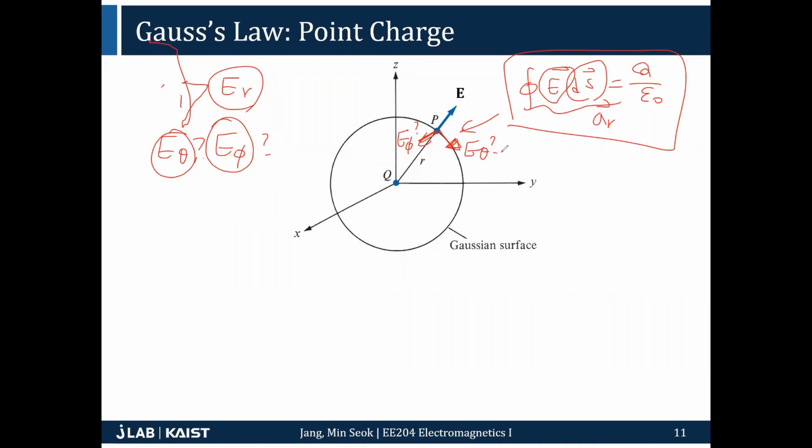I think this is the key point in applying Gauss law, because Gauss law does not tell you about these components, but we somehow just assume that E theta and E phi are 0, which is not logical actually. It's not grounded. So let me tell you the argument. When you want to do a symmetry argument, you always need to think about a symmetry operation, okay?